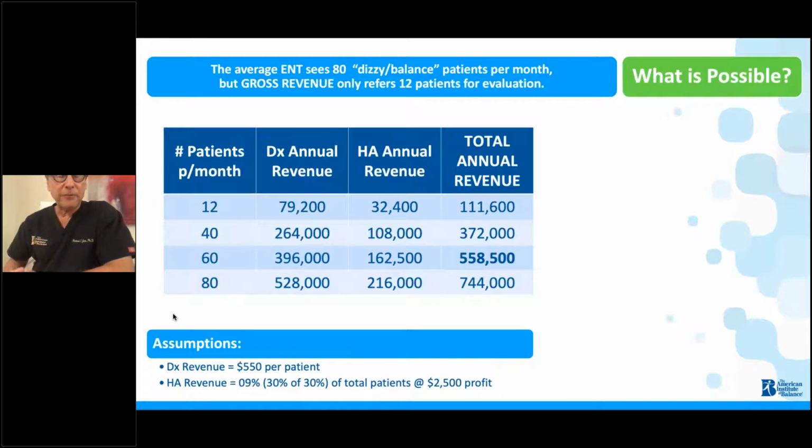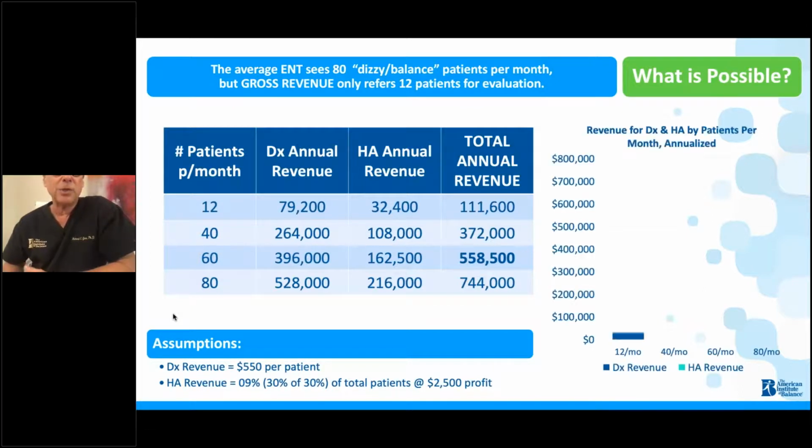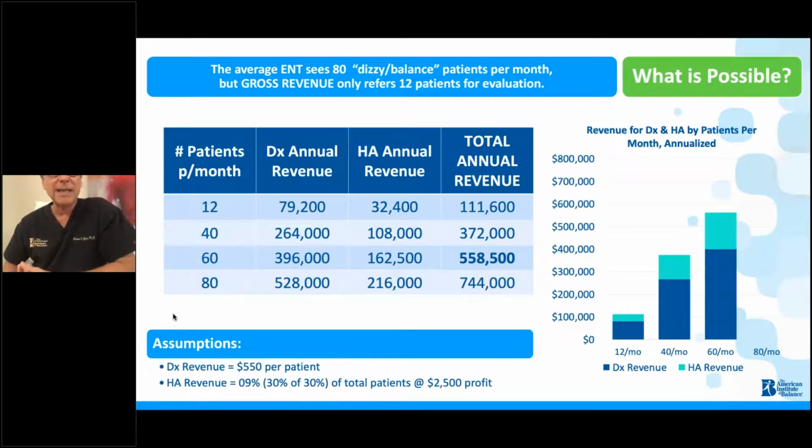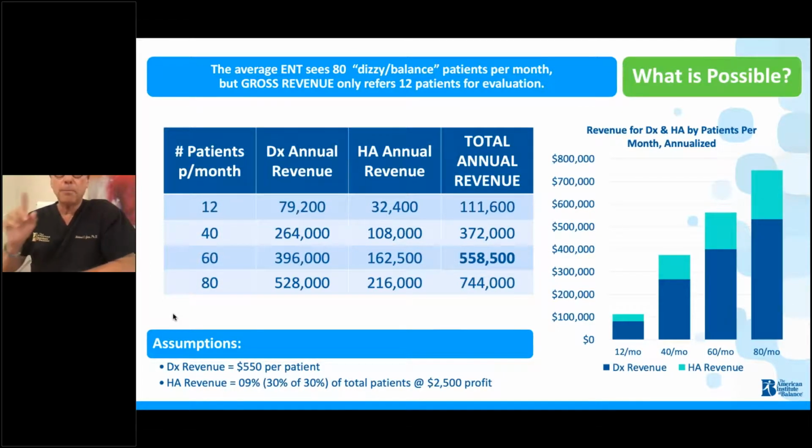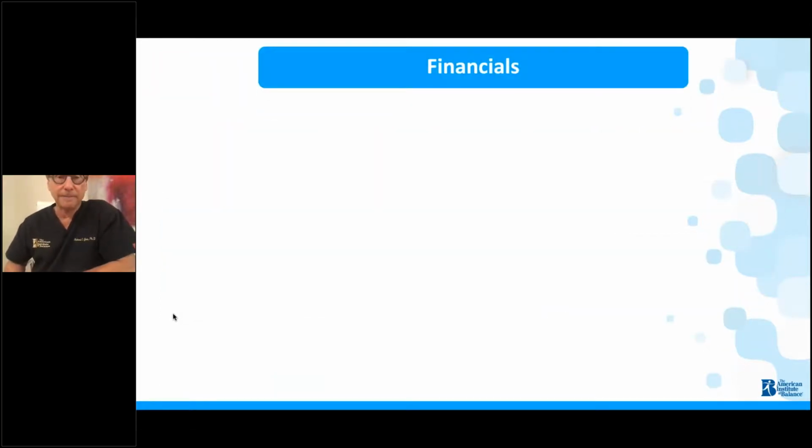So if you are working in an ENT practice where the ENT is already using ICD-10 R42, dizziness and giddiness, 80 times a month, and you test even just 60 of those patients, the combination of the revenue from the diagnostics and incremental hearing aid sales per physician is over $500,000 a year.